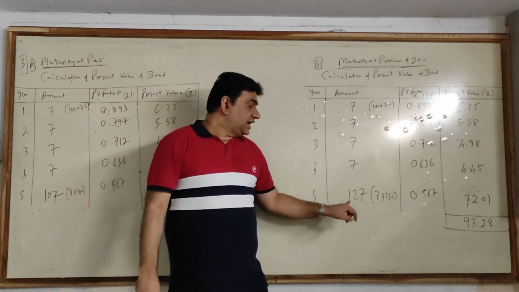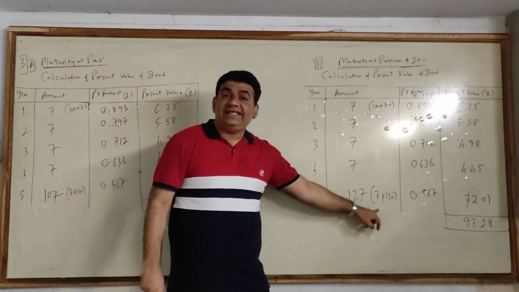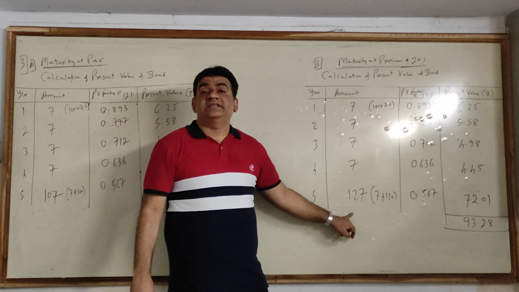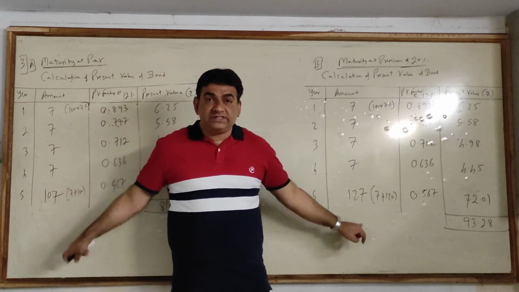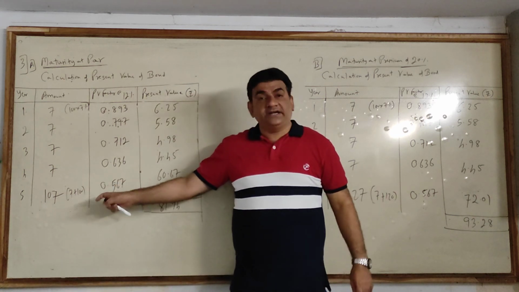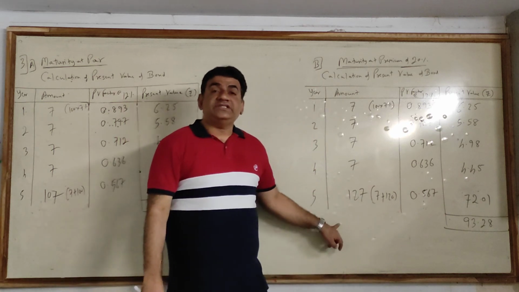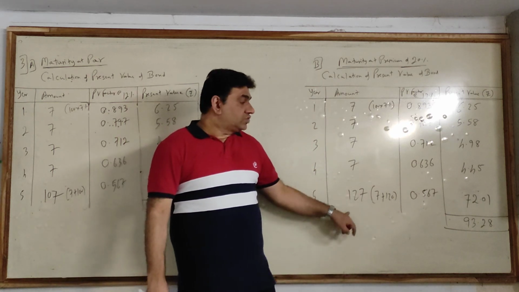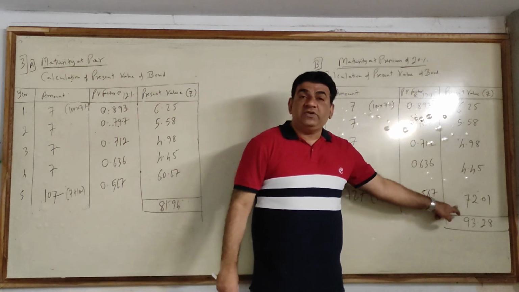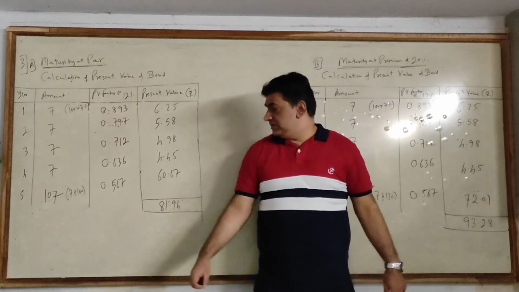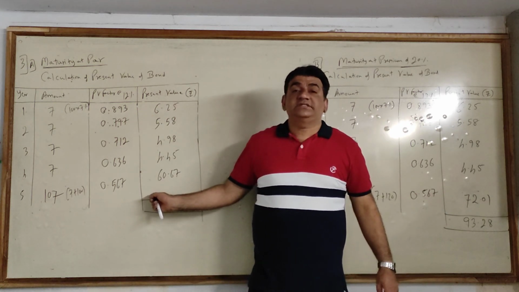So in the last year I will get 7 plus 120, that is 127 rupees. So the difference in the two sums, here last year I got 107, here last year I will get 120. So according to that, the present value here in the last year is 72 rupees and here it is 60.67.